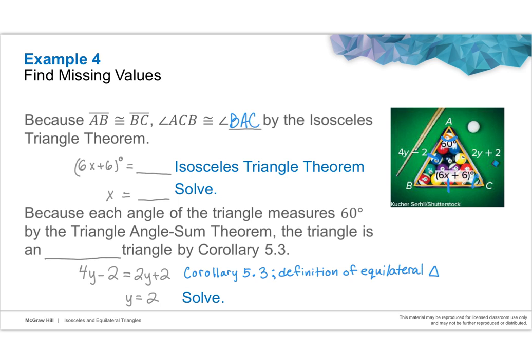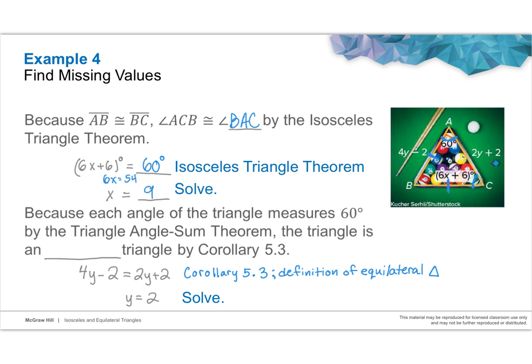So 6x plus 6 degrees is equal to 60 degrees. If we solve real quick, 6x equals 54. Dividing, we get that x equals 9.